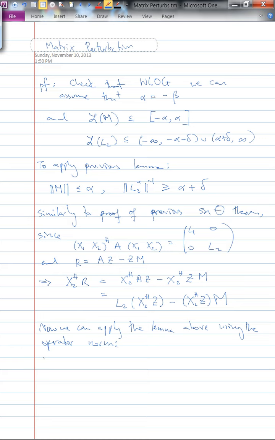And this gives us that X2Z in the operator norm is bounded by X2 R divided by delta, but the operator norm is unitarily invariant, so this is therefore equal to just R divided by delta. So in other words, we have the conclusion of the theorem.